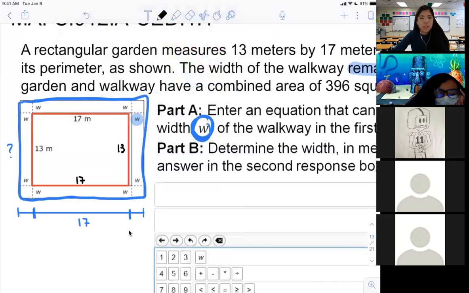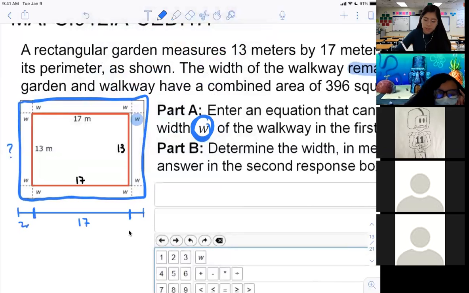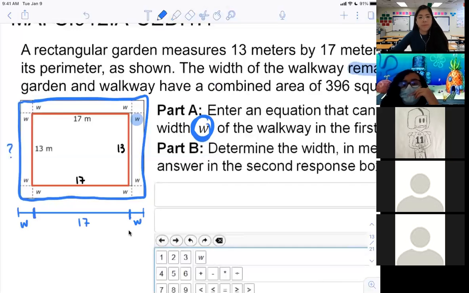So I know that that much is 17, and do I know how much this is? This little tiny portion on the end? I don't know the number, but what are they labeling it as? W. So this is W, and this is W. So altogether, using that variable, keep the variable there, altogether, how can I write that?